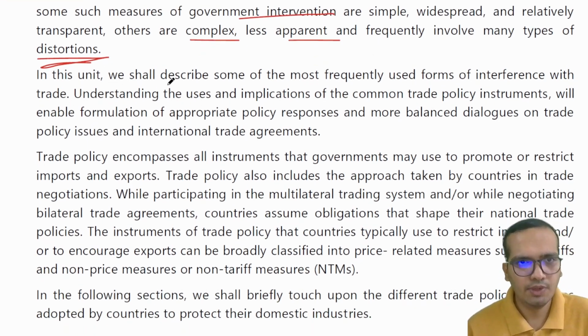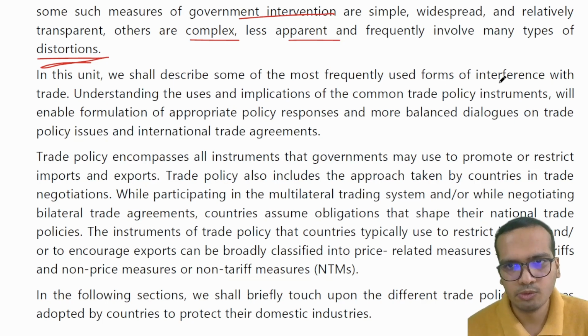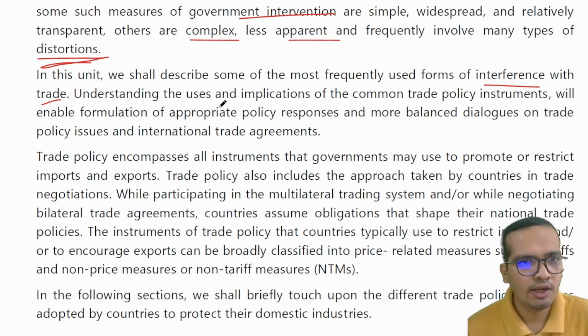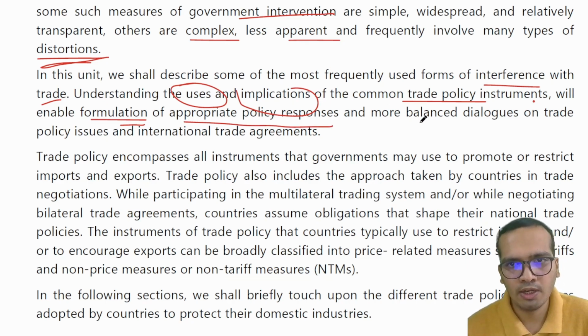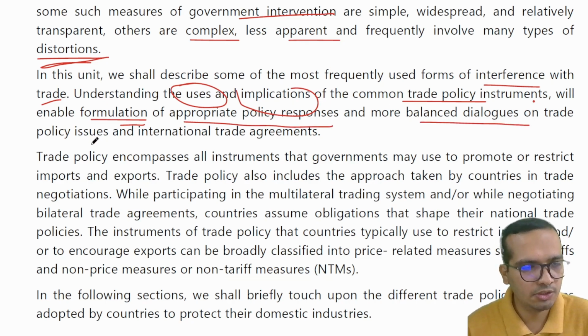In this unit, we shall describe some of the most frequently used forms of interference with trade. Understanding the uses and implications of the common trade policy instruments will enable formulation of appropriate policy responses and more balanced dialogues on trade policy issues and international trade agreements.